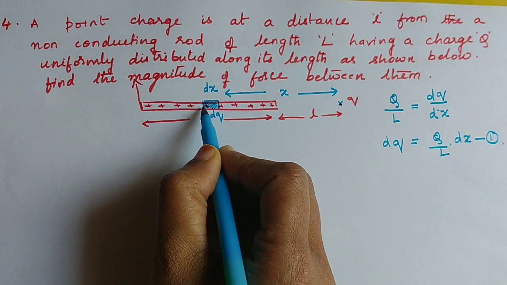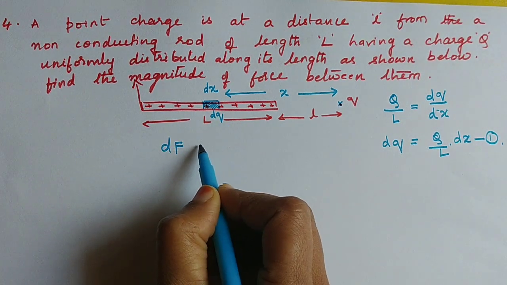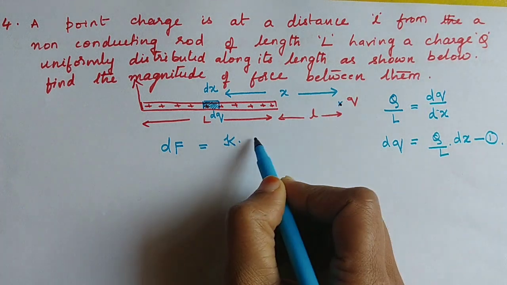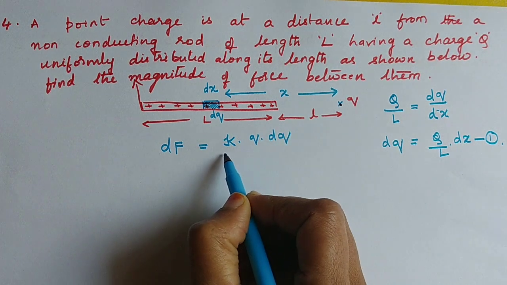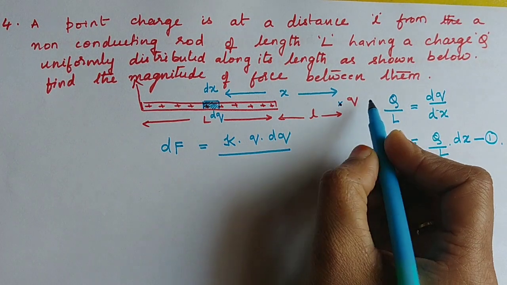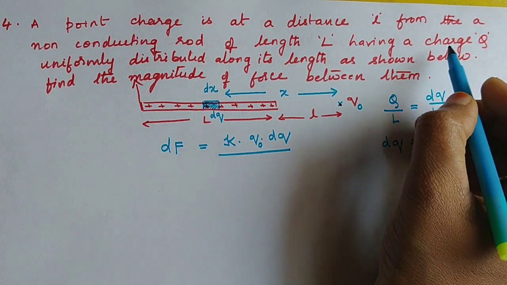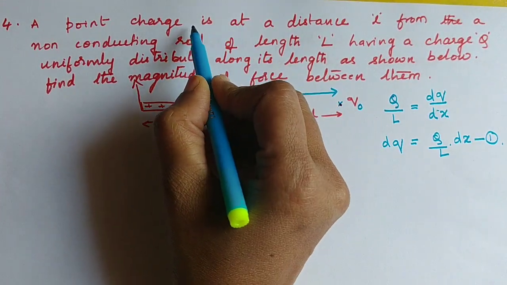So since we are finding only due to a force of this small amount of charge, we will write it as df, which is k, q1, q2. One charge is q, another charge is dq divided by, okay, I'll make it as q naught so that you won't confuse. Let this be q naught. Even in the question, a point charge q naught.